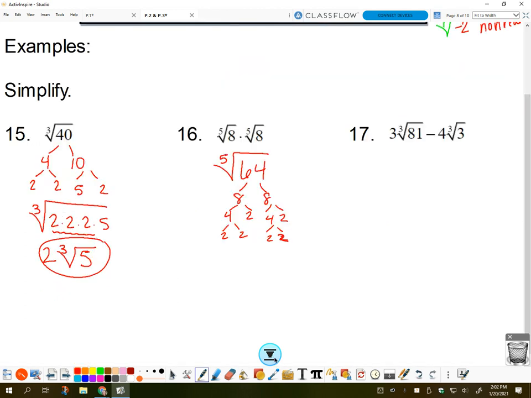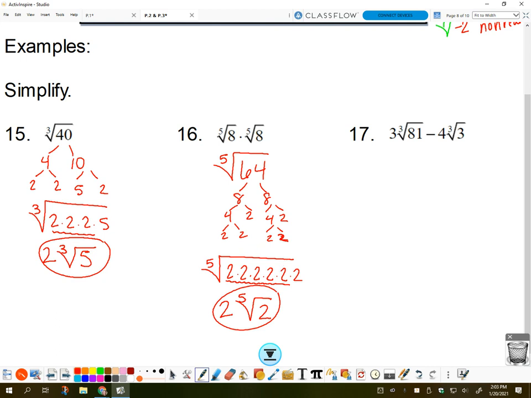All right, so we write down the prime factorization instead of 64. That's 1, 2, 3, 4, 5, 6 2's. All right, so it's a 5th root. So for 5 of them, 1 comes out. And then that one lonely guy is left inside. All right, because this right here would be 2 to the 5th, and a 5th root cancels out the 5th.